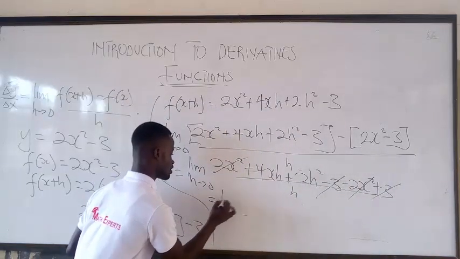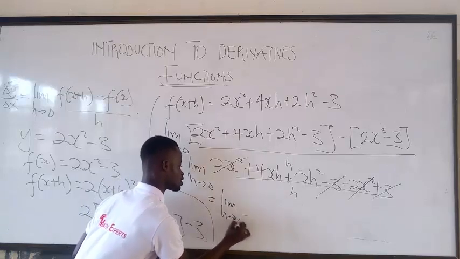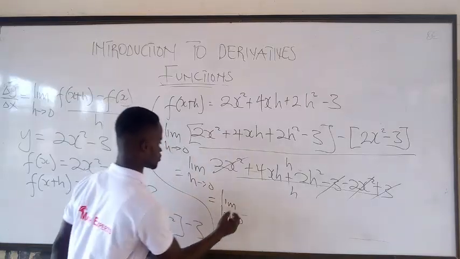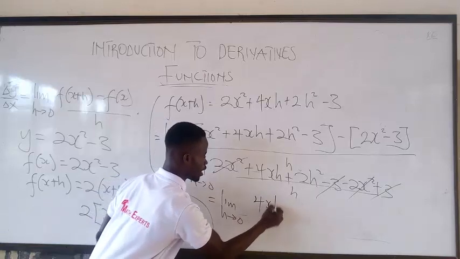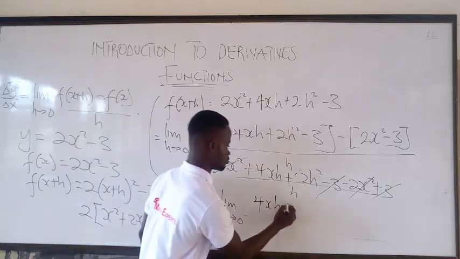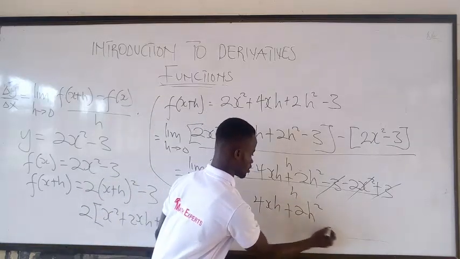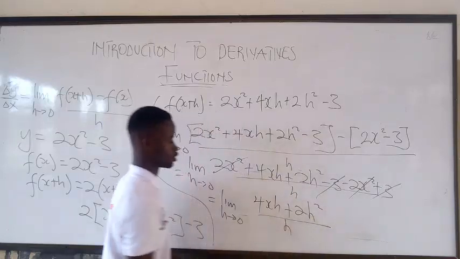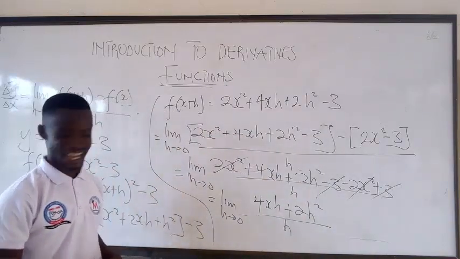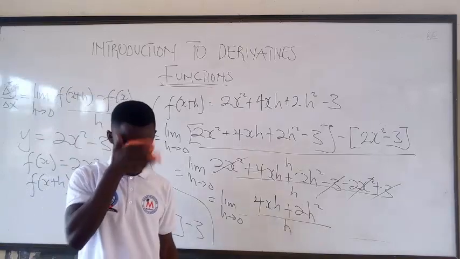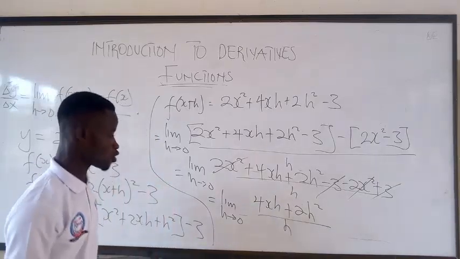So we are getting the limit as h approaching 0 of 4xh plus 2h squared, all this over h. Wow! We are getting there gradually. Small, we will get there.